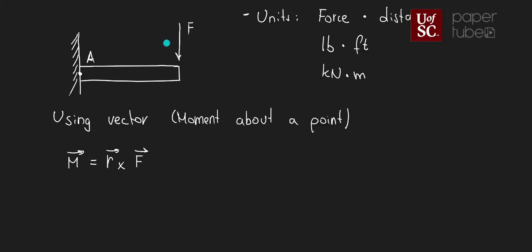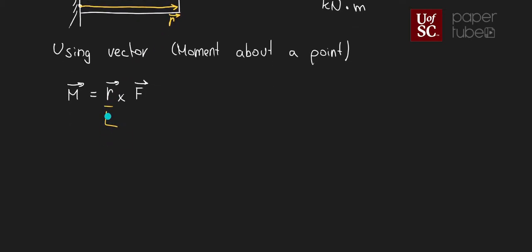In this problem, it is the vector describing the force. The position vector is not so clear, so let's define what that r is. That r is a vector that goes from the point of interest to anywhere in the line of action of that force.